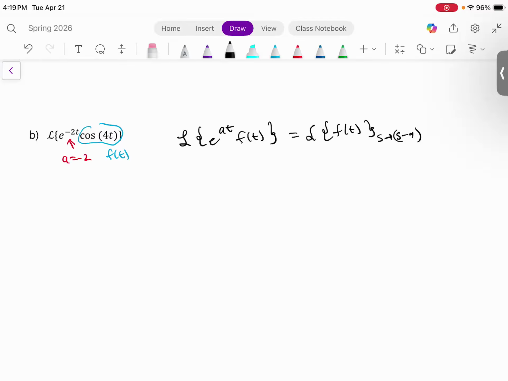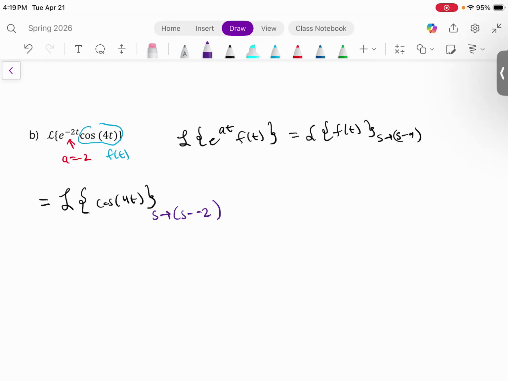So using the first translation theorem, the Laplace of this would be just cosine of 4t, but we are shifting s 2 units to the left. So we could write this minus -2 to make it easier.